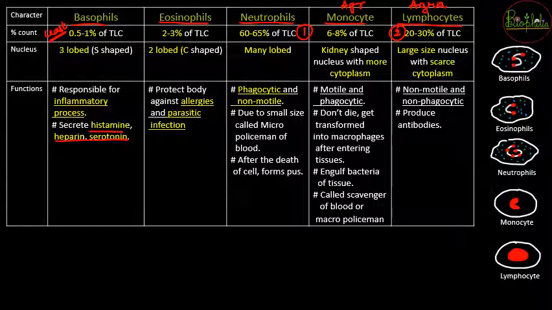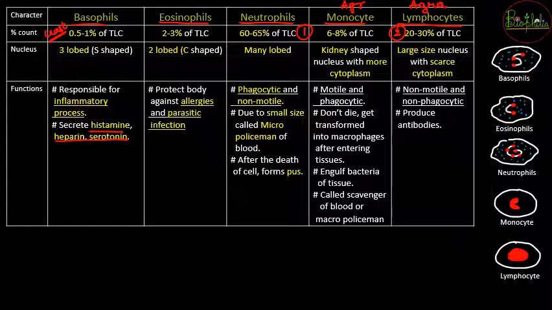Since neutrophils are smaller in size and protect your body against foreign entities, they are called the micro policeman of your blood. Whenever there is any bacterial infection on your face, you see many pimples occurring, and those pimples have pus in them. The pus formation is because of the dead neutrophils.